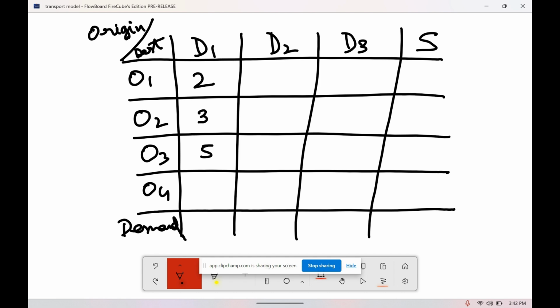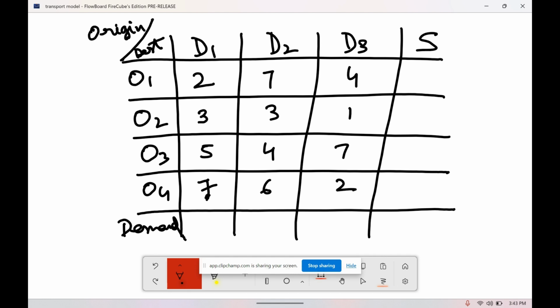Like this we are writing all the costs: 3, 4, 6, 4, 1, 7, 2.